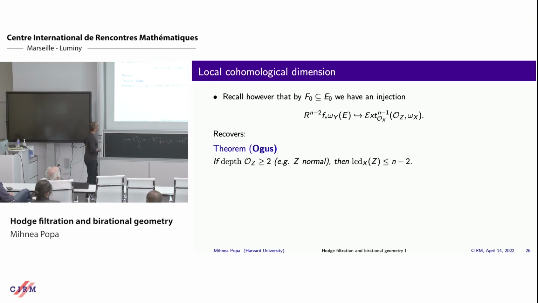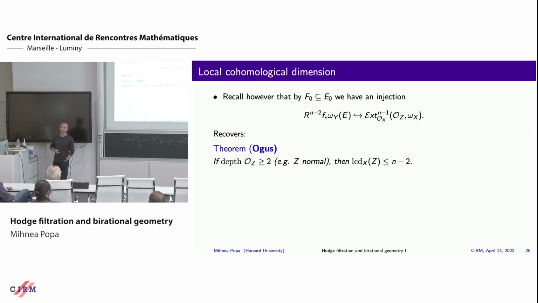Okay? And so you can try to do more and more of this. For instance, you can go to the next step, try to see what happens if the depth is at least 3. And there's a very nice result which extends this.